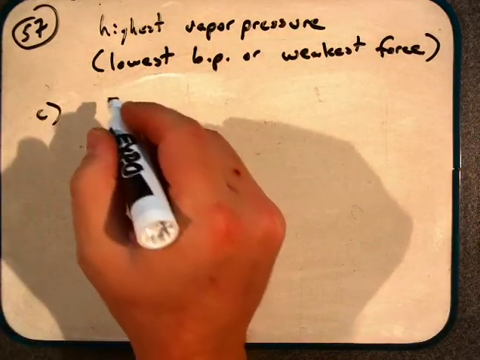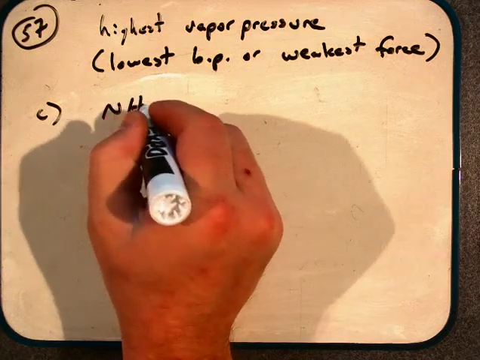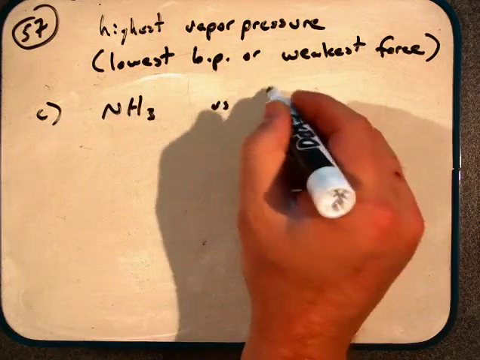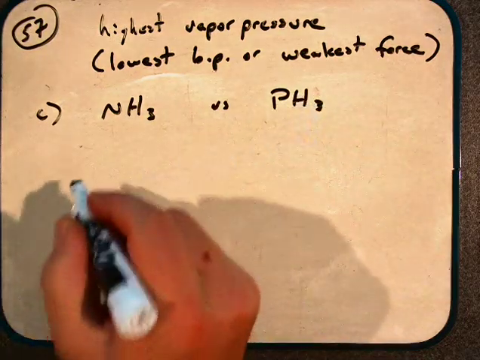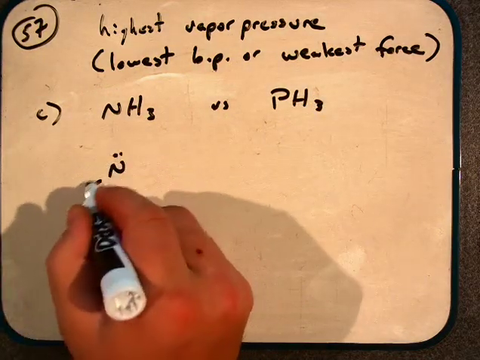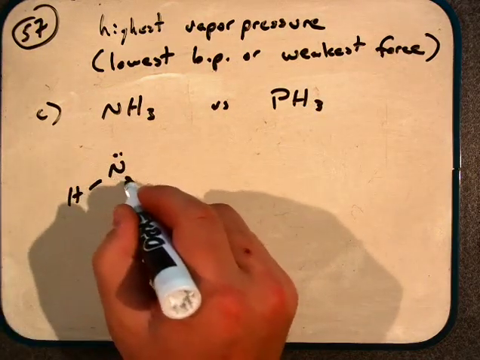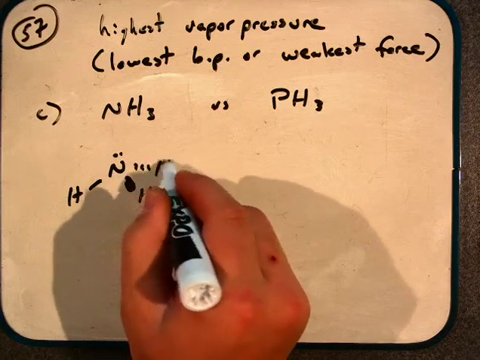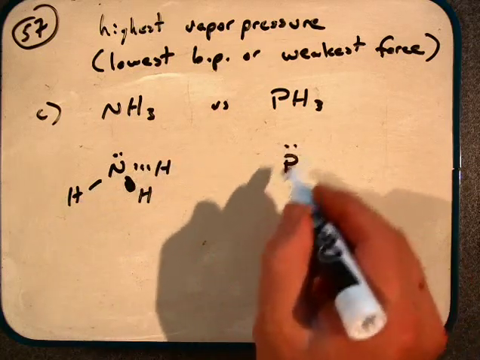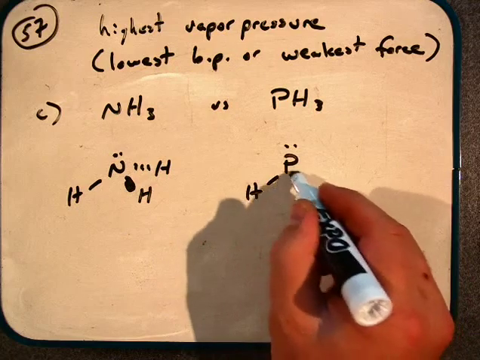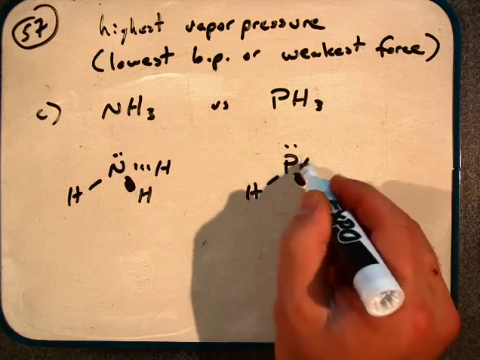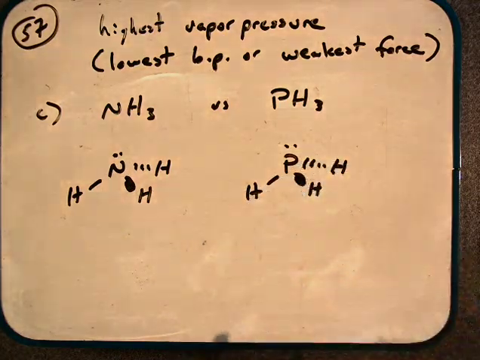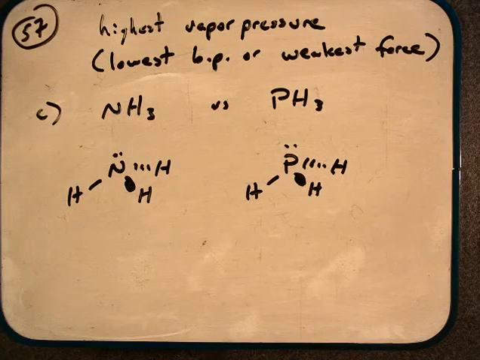And lastly, part C is looking at NH3 versus PH3. These guys both have a very similar structure. Both are tetrahedral electronically. Both are trigonal pyramidal molecularly. So we end up with these two structures.